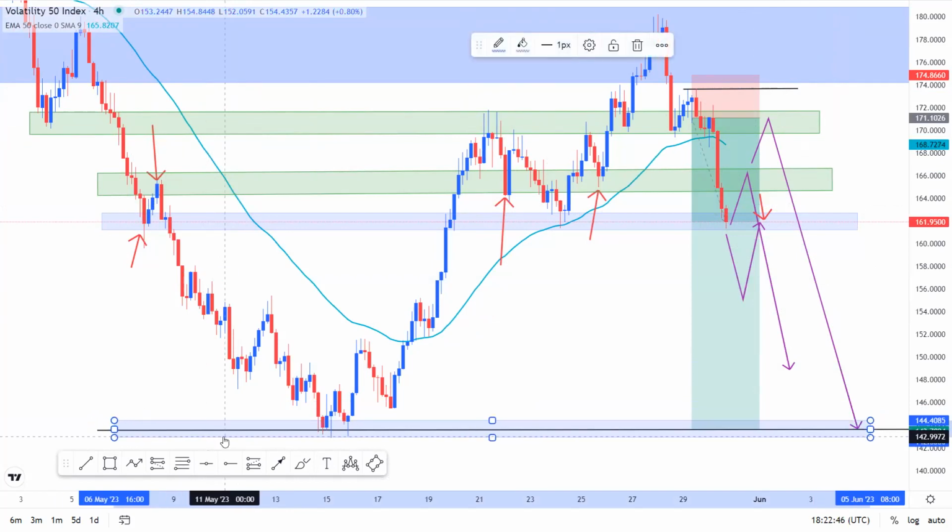Yeah, so that is what we are to be looking at for Volatility 50 Index. And I hope this helps you better identify the trade opportunities.